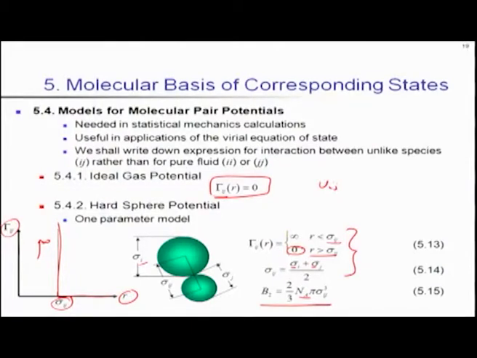So, what is a virial coefficient? The second virial coefficient is defined as minus 1 by 2V times the double integral of the Mayer function, which is e to the minus beta times the potential energy of i and j, minus 1, dr1 dr2.